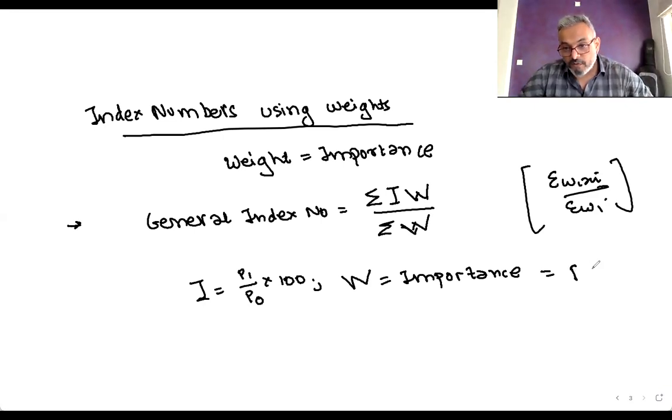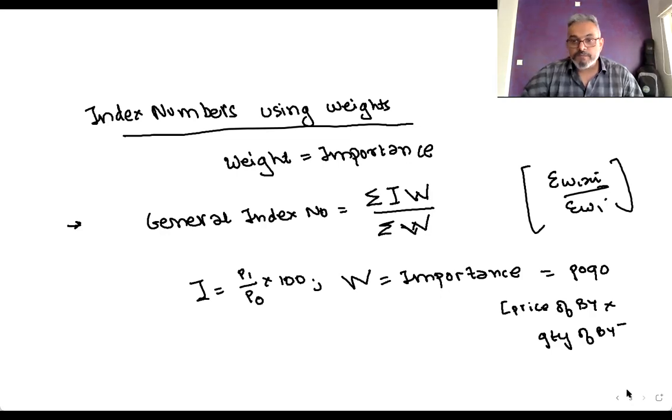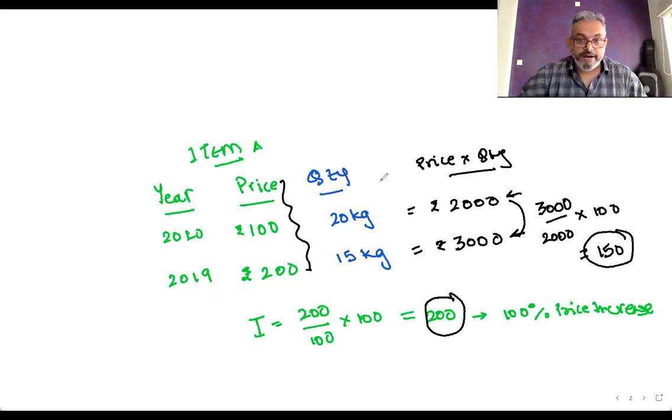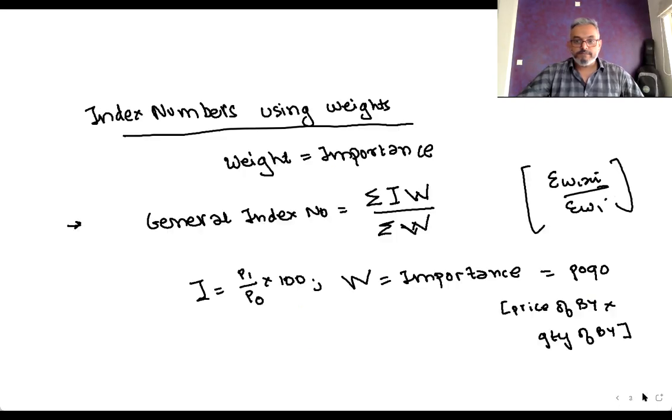Weight is also equal to P0 Q0, that is price of base year into quantity of base year. So you have to write this formula. You also write this example. You can take a screenshot of this and write this formula.